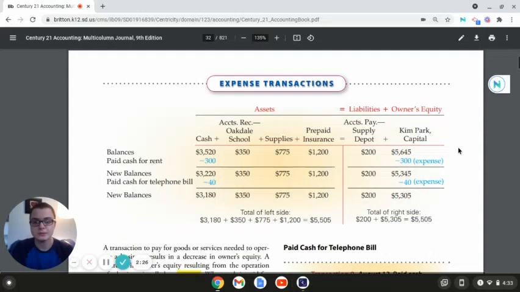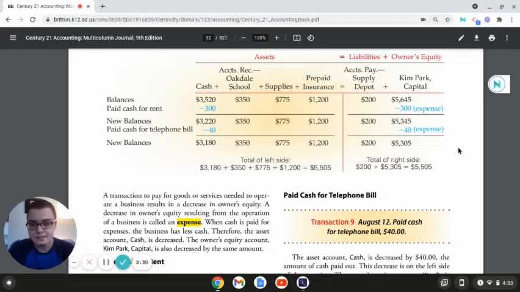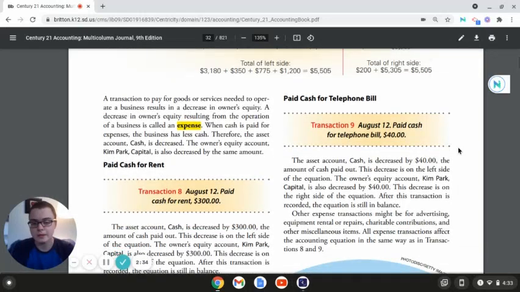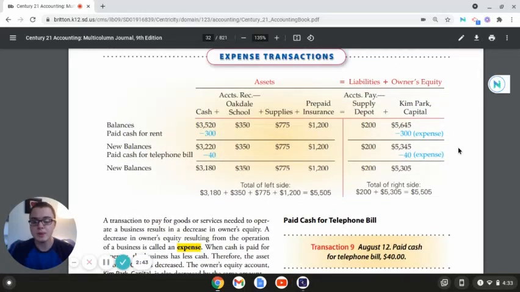Alright, so now we'll be dealing with expense transactions. So an expense is a decrease in owner's equity resulting from the operation of a business. Alright, so transaction number 8 reads, on August 12th, paid cash for rent, $300. Okay, so we know that when we pay cash for something, that means that our cash account is going down or decreasing.